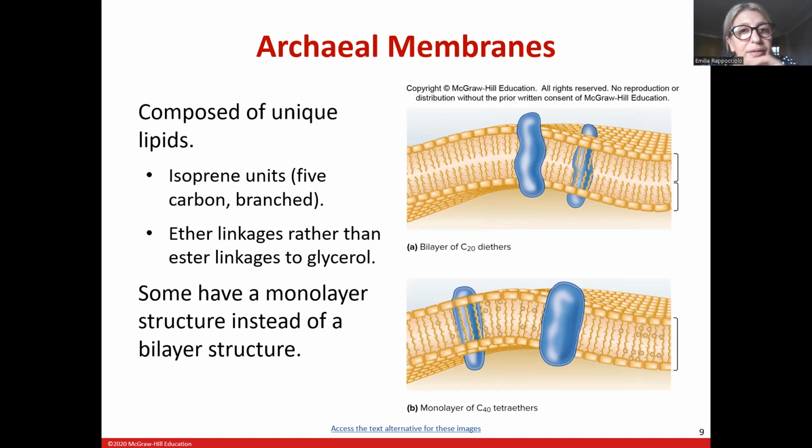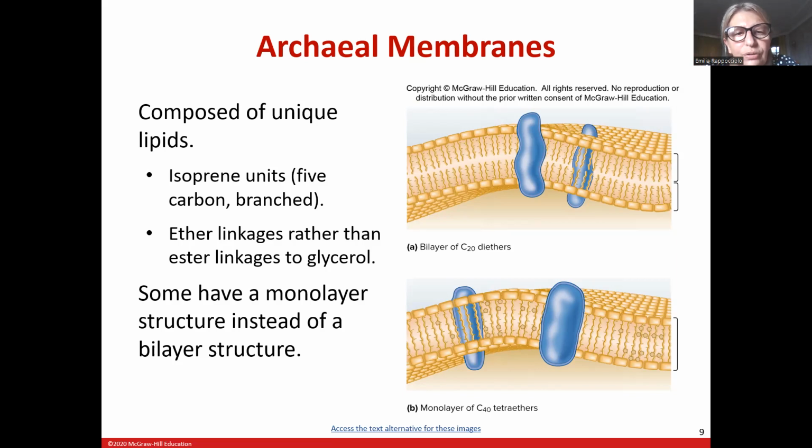And so this is a major biochemical difference between archaea and bacteria and eukarya. Both bacteria and eukarya have ester bonds. With archaea, we never have ester bonds, we have ether bonds.